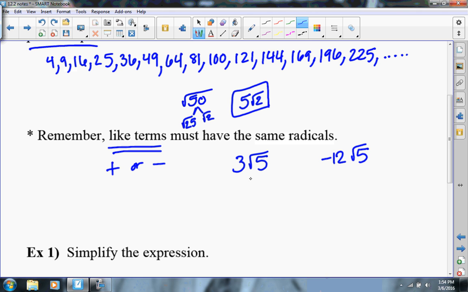Those are like terms because they have the same radical, square root 5 and square root 5. So then we could add or subtract them together. But if we had something like 2 square root 7 and then again negative 12 square root 5, those aren't like terms because this one has a square root of 7 and this one has a square root of 5. So those are not like terms.